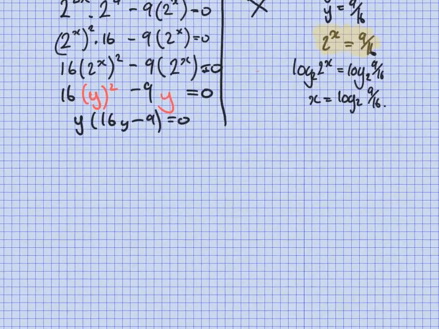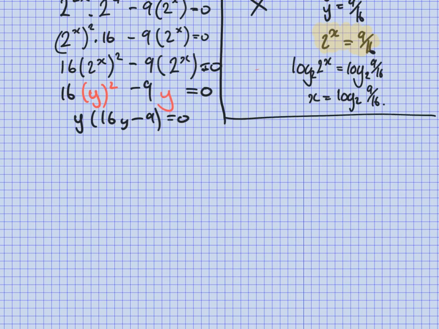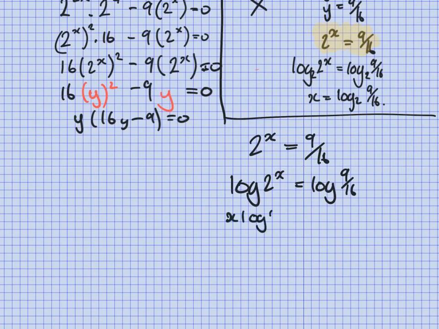If, instead of using log base 2, we use log base 10, we start with 2 to the x equals 9 over 16. If we go log of 2 to the x equals log of 9 over 16, we have some more steps to take. Firstly, using the power law, we can rewrite this as x log 2, and on the other side, by using the division subtraction law, we get log 9 minus log 16.